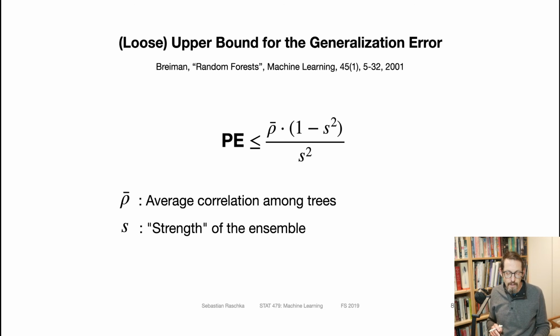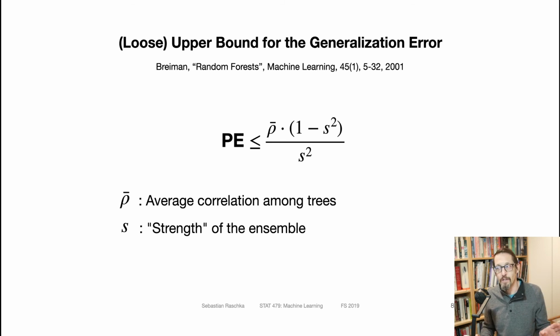All right. Let's go ahead and give you a quick intro to the idea that Breiman's paper has this loose upper bound on performance. Okay, the generalization error PE is going to be less than this magic equation.